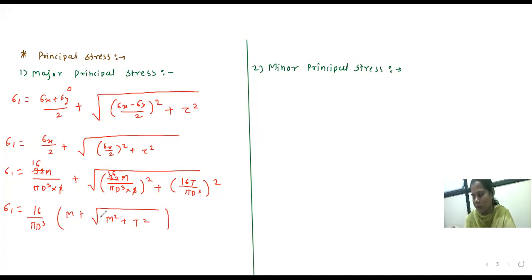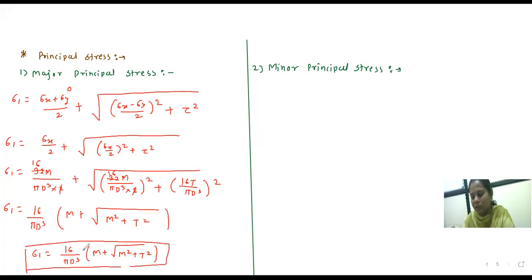Got it? So our equation is sigma 1, which is equal to 16 divided by pi d cube in bracket m plus square root of m square plus t square. So this is equation for major principal stress.